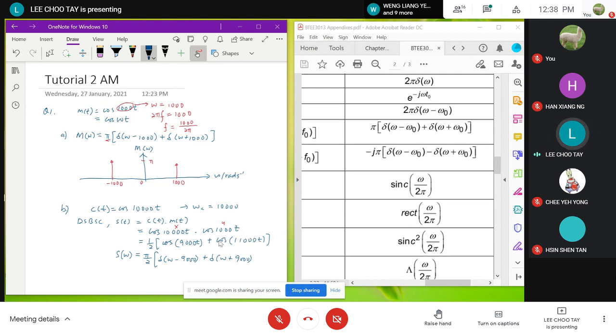And the second cosine component will give you another set of delta functions. Plus, I write down here, that will be delta omega minus 11,000 plus delta omega plus 11,000.